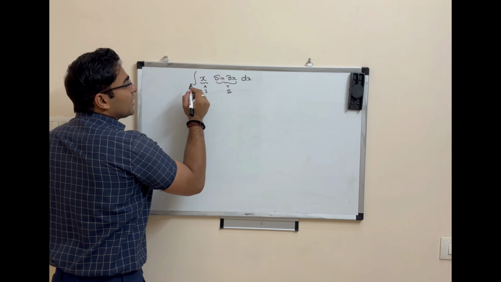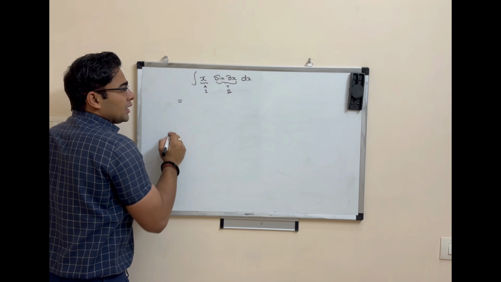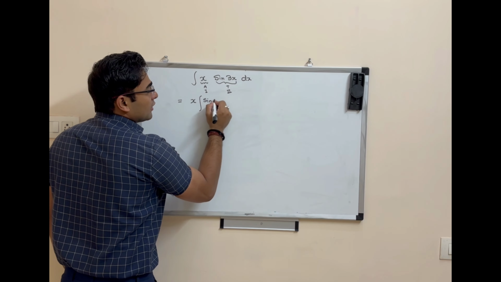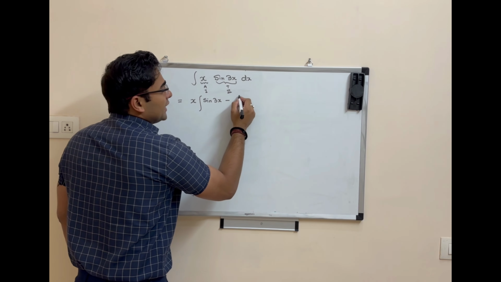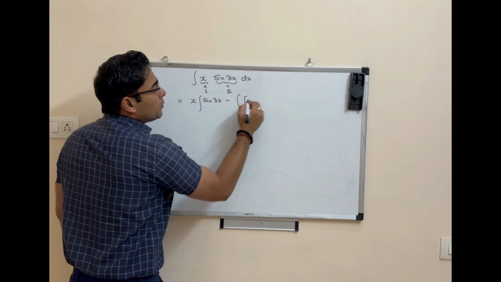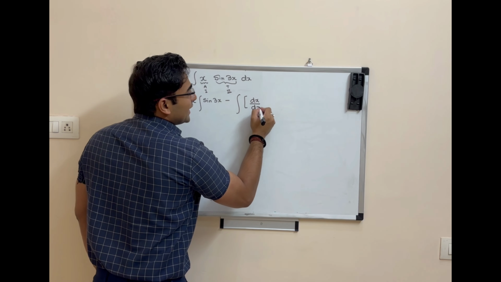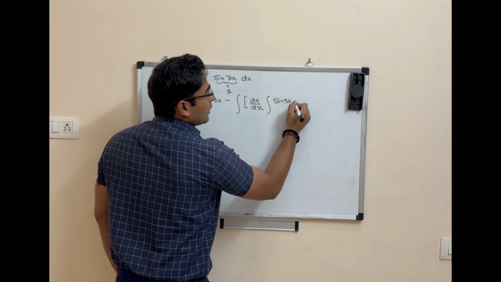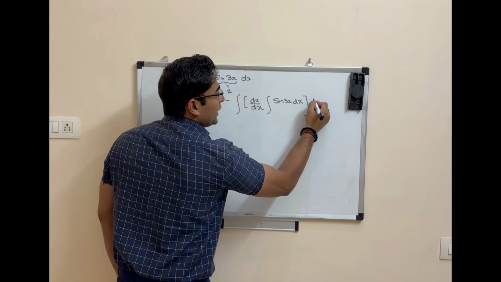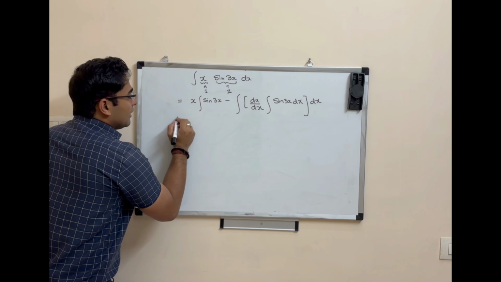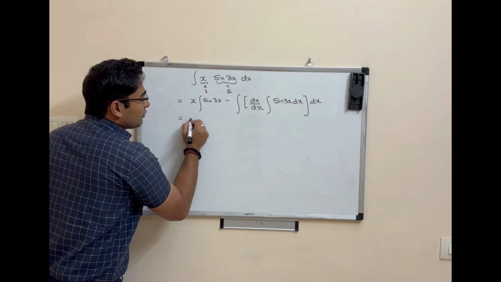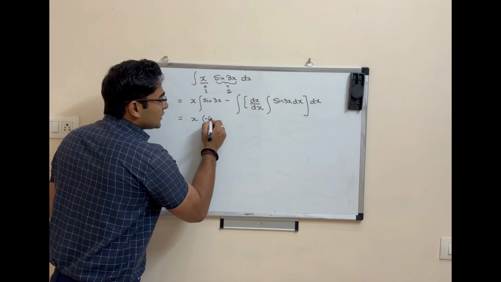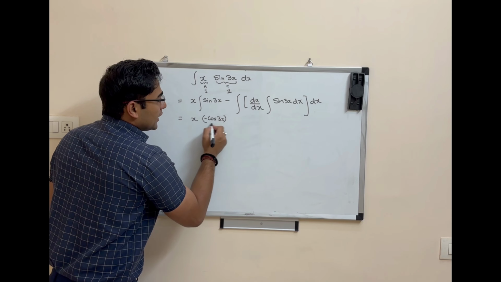Considering the first function as u, it will be u times the integral of v dx, minus the integral of (du/dx times the integral of v dx) dx. Now, what is the integral of sin 3x? The integral of sin 3x is minus cos 3x by 3.